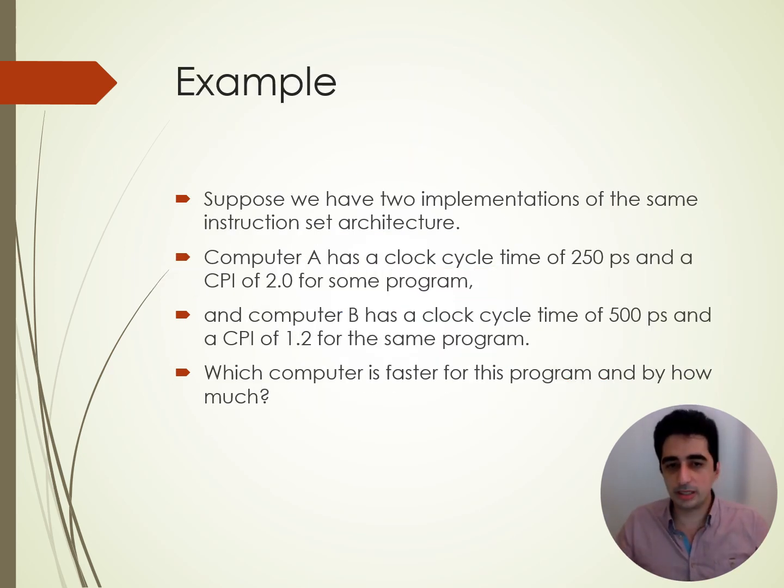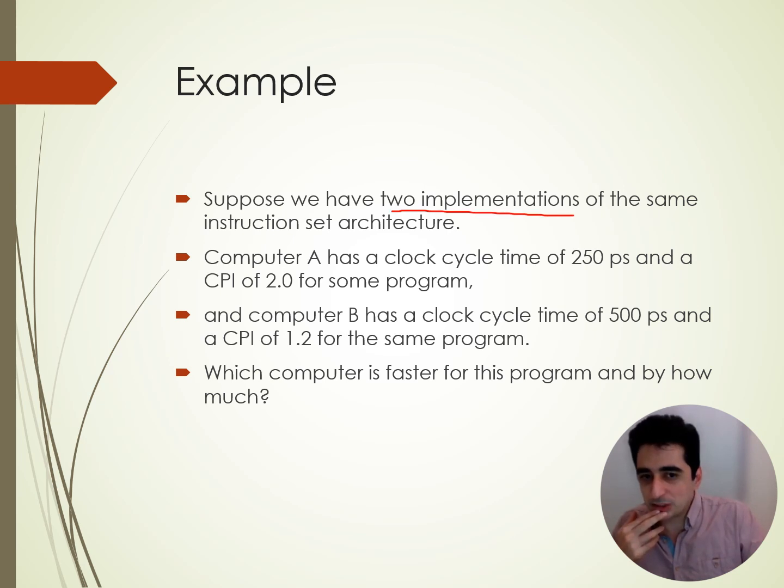In order to illustrate the formulas that we saw before, let's look at this very simple example. Let's say we have two implementations for the same instruction set architecture. That means we have two different CPUs or two different computers. They both have the same instruction set, that means they understand the same language.